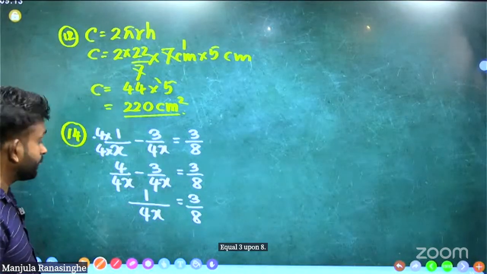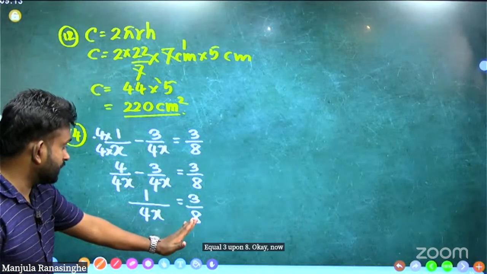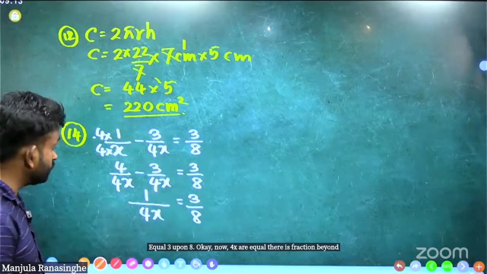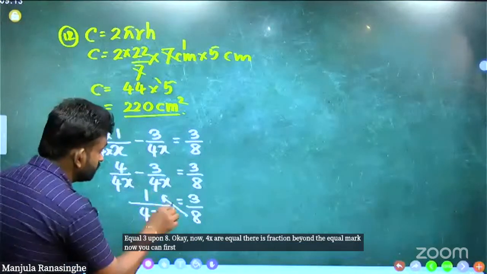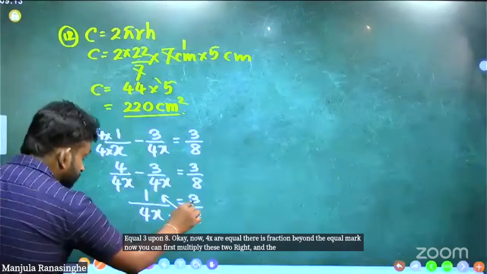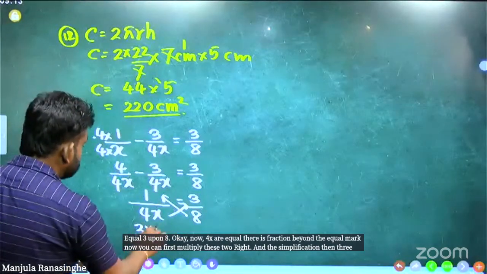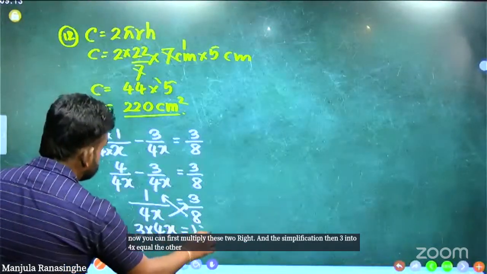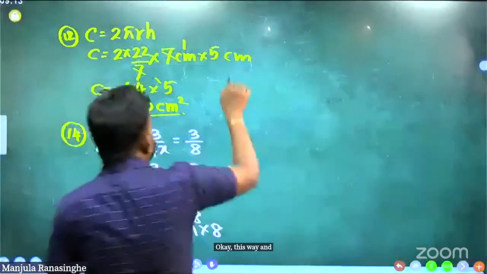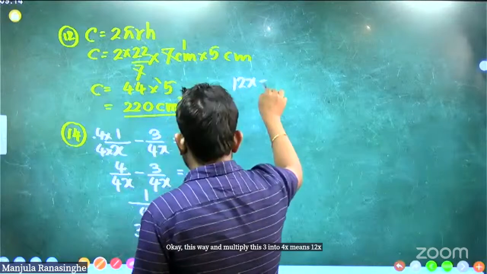Now it is a fraction on each side of the equal mark, so you can cross multiply and simplify. Then 3 into 4x equals 1 into 8. Multiply this: 3 into 4x means 12x equals 8.